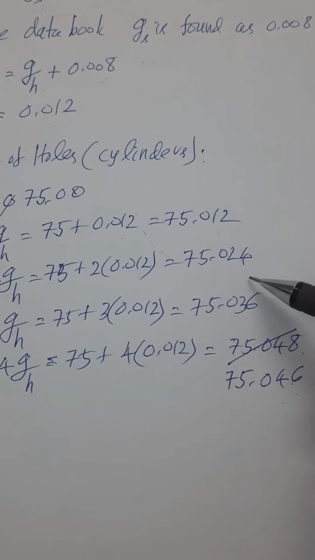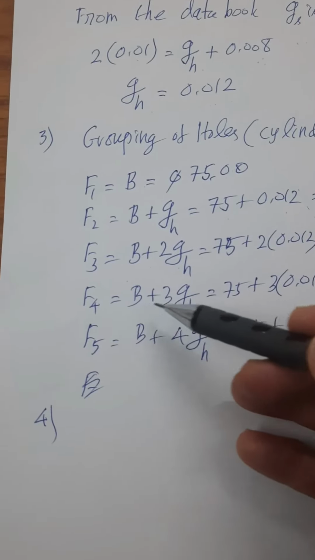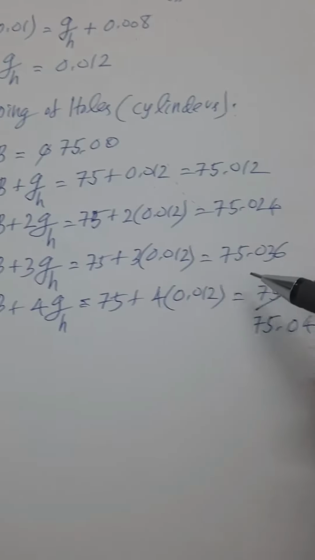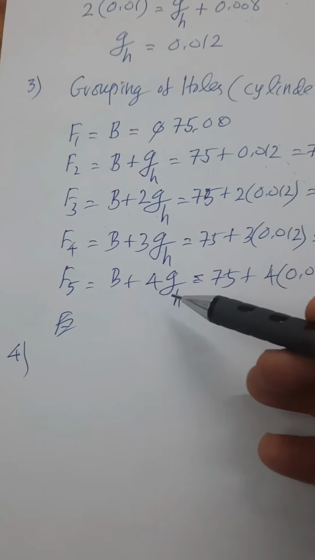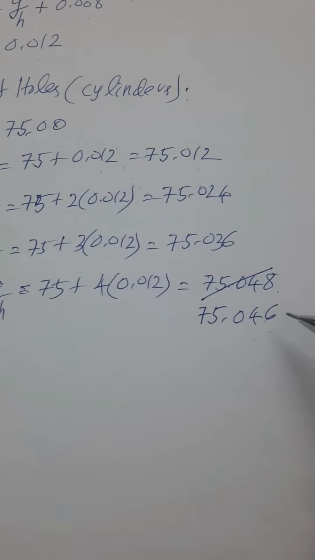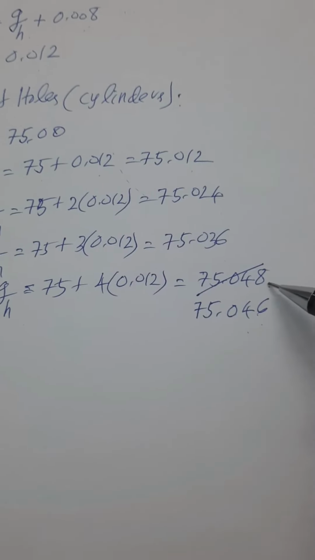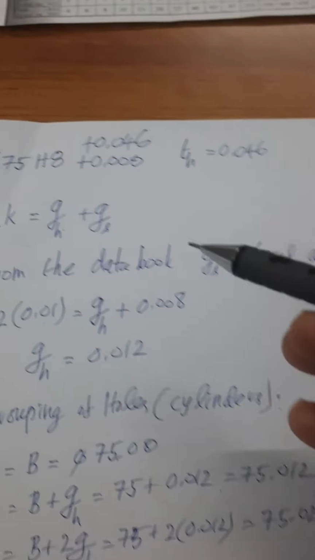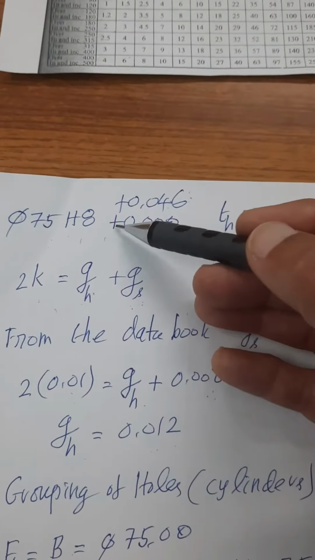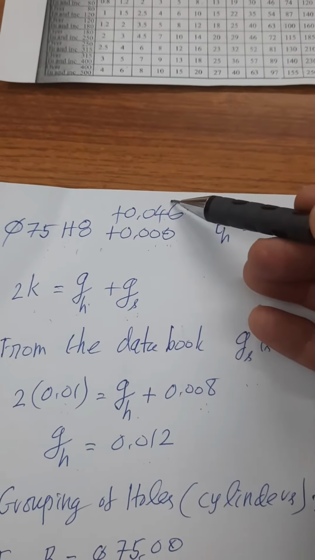It is 75.024. F4 is B plus 3 GH, 75.036. F5 is B plus 4 GH, 75.048. As per the formula, it comes to 75.048. But if you look at the tolerance for the 75 H8, the lower limit is 0.000, upper limit is 0.046.